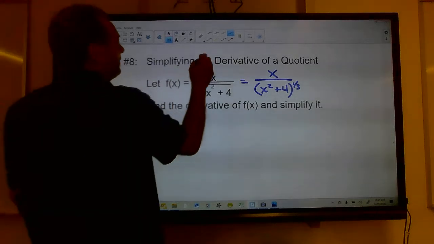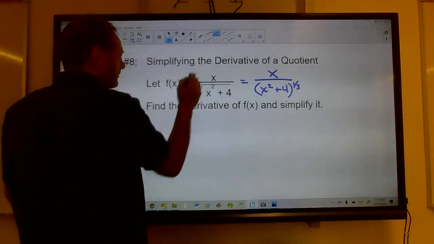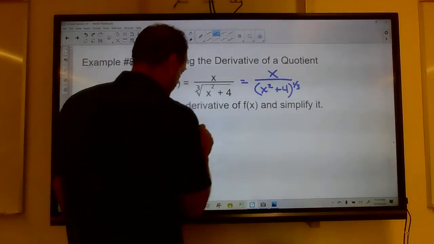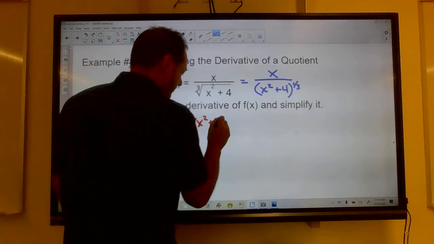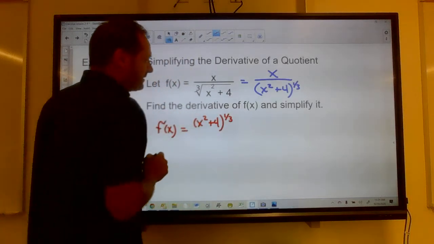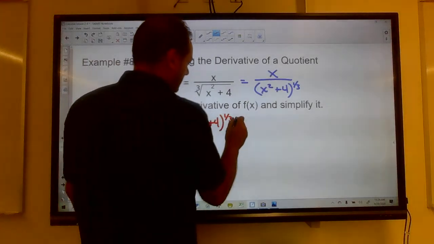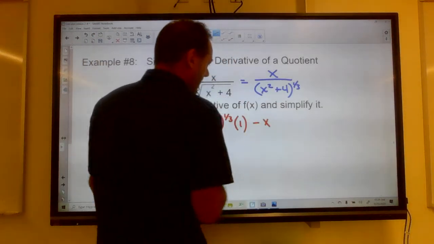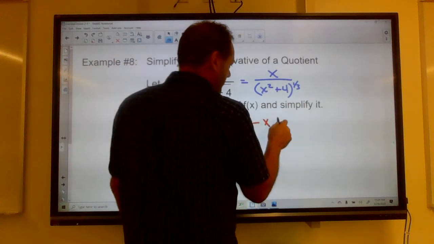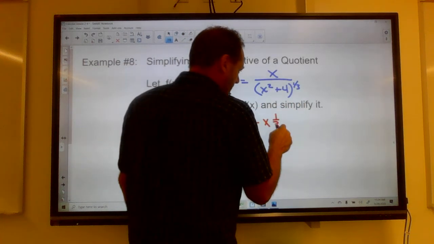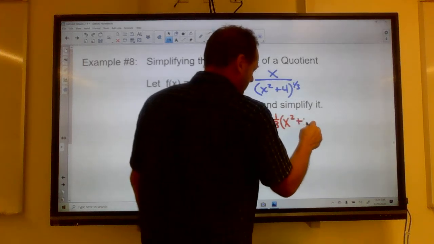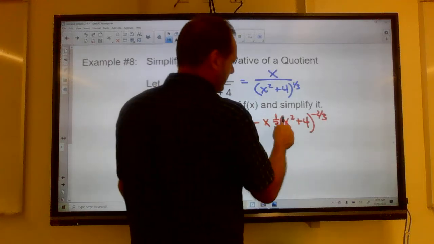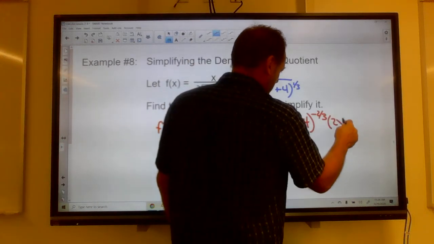So that's going to be f prime of x. It's going to be g of x, so that's this, x squared plus 4 to the 1/3, times the derivative of f of x, that's just going to be 1, minus f of x, which is x, times the derivative of this, which is going to be 1/3 x squared plus 4 to the negative 2/3 times the derivative of the inside of the function, which is going to be 2x.